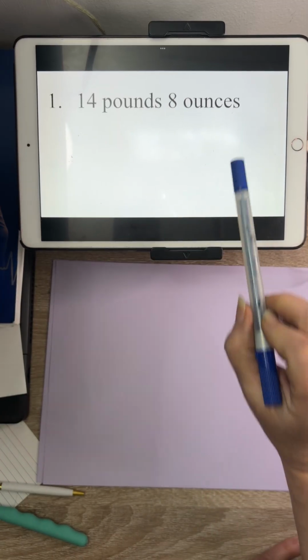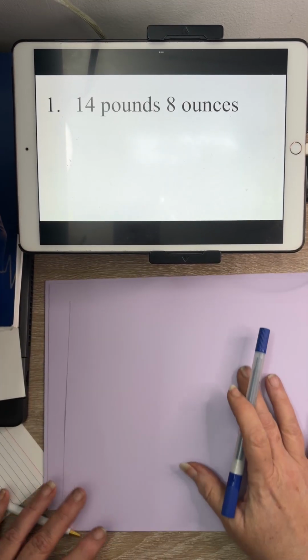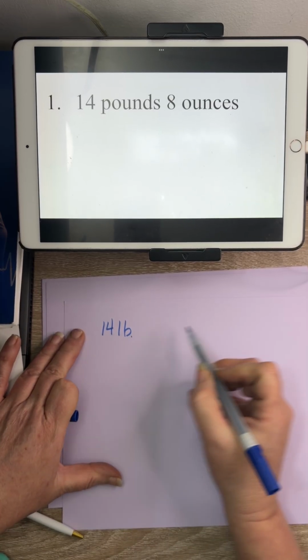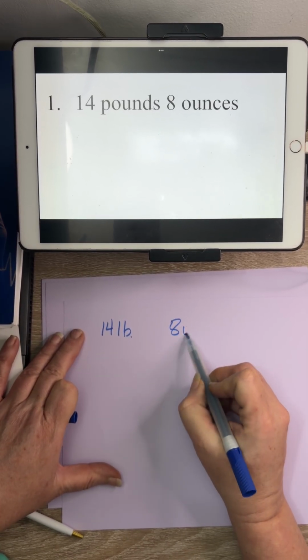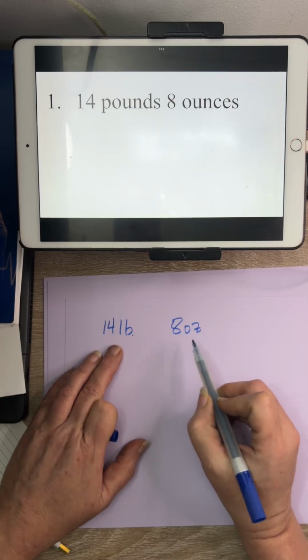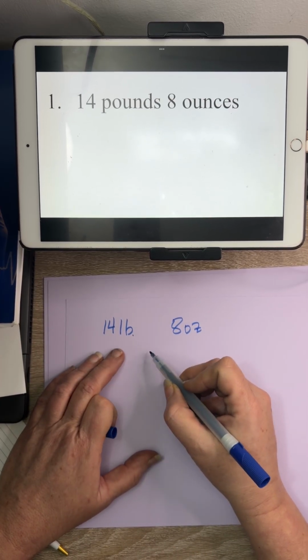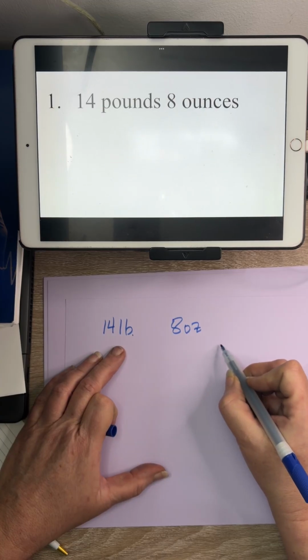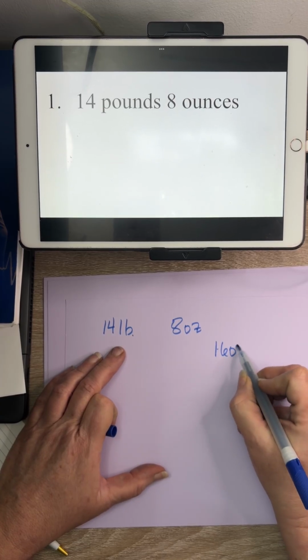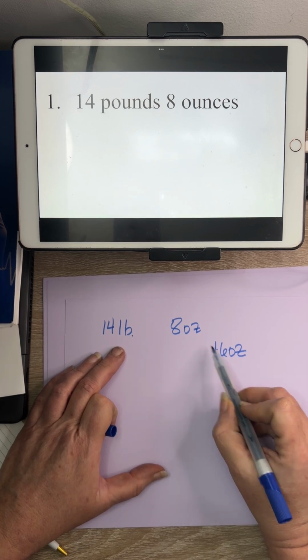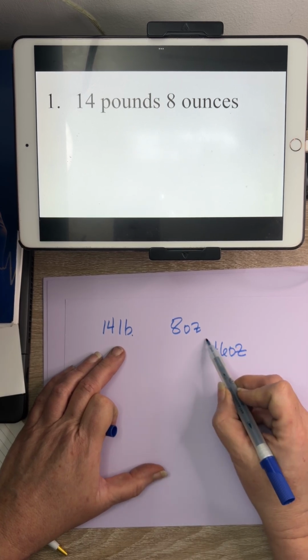Here we go. 14 pounds and 8 ounces. So you got 14 solid pounds and 8 ounces. But ounces and pounds are like apples and oranges, so we got to convert these oranges to apples. If you know that there's 16 ounces total, 16 ounces makes 1 pound.